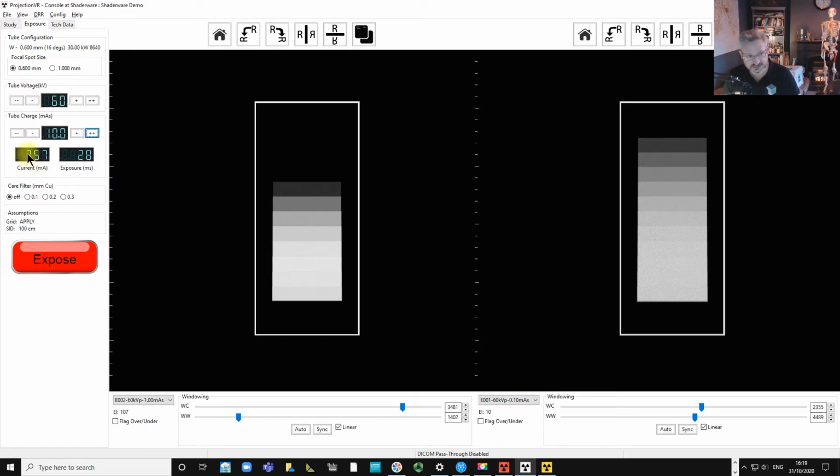So the computer's going to keep the filament around 350 MA, and instead, to get a higher number of electrons, it's going to hold the exposure for longer. So now it's 10 times as long. Instead of 3 milliseconds, it's now nearly 30 milliseconds. So this was to stop the damage to the tube. It could have put this up to 600, and then we'd only hold it for 15 milliseconds instead of 28 milliseconds. But that would put more strain on the tube.